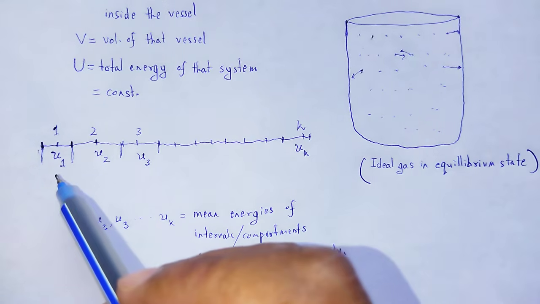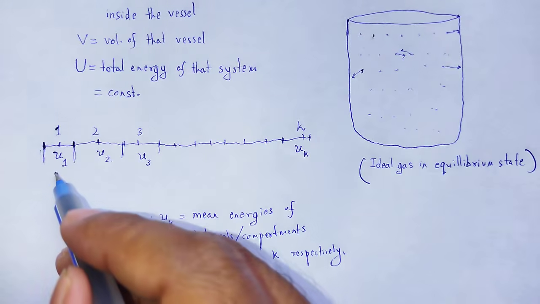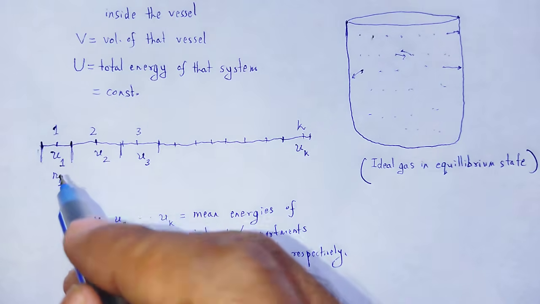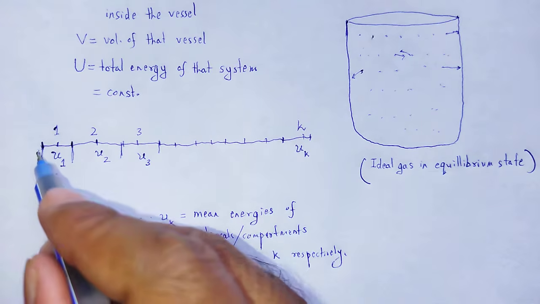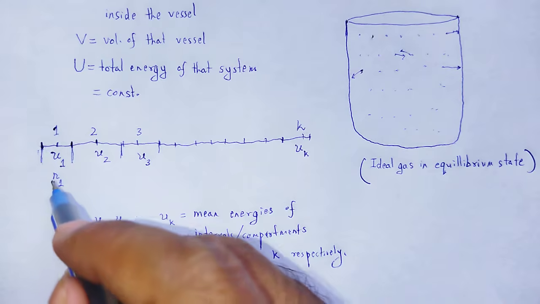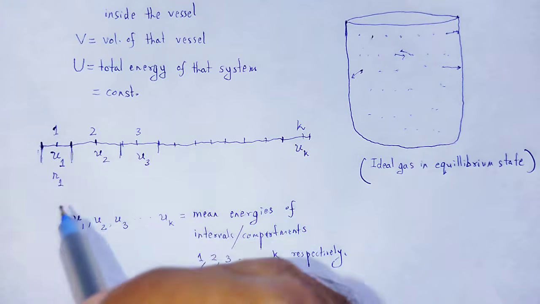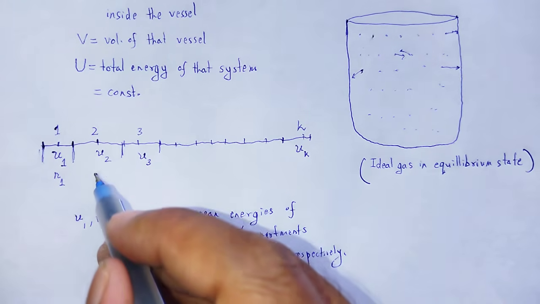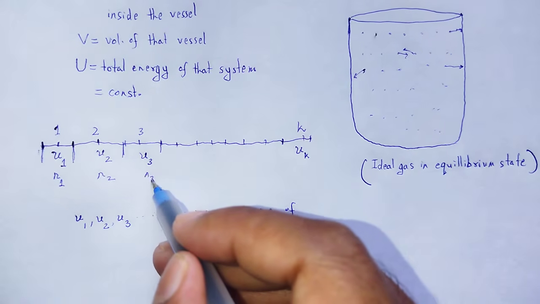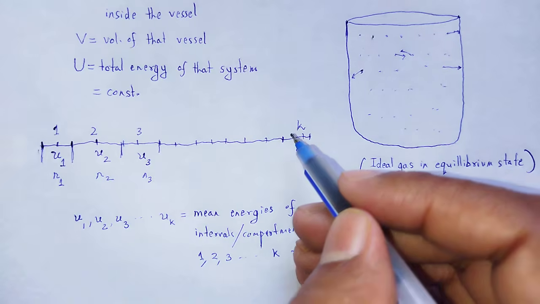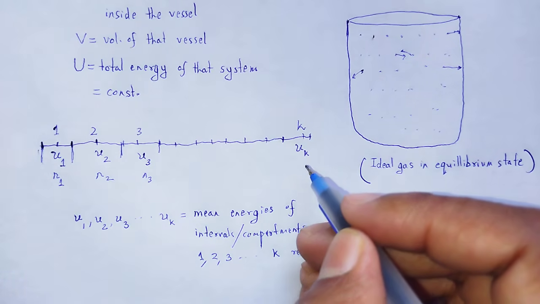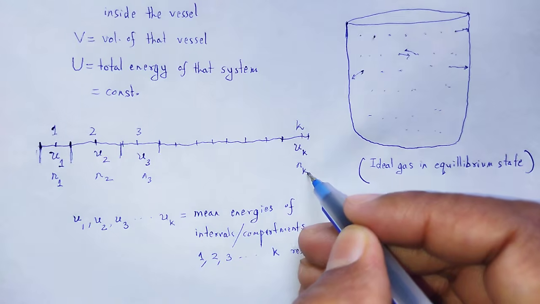Again, let N1 be the number of molecules in compartment 1. Those molecules have mean energy U1. Similarly, in compartment 2 the number of molecules is N2, in compartment 3 it is N3, up to compartment number k with Nk molecules.